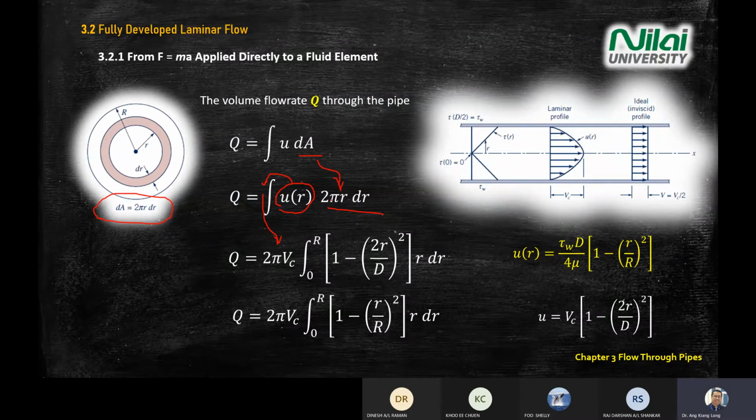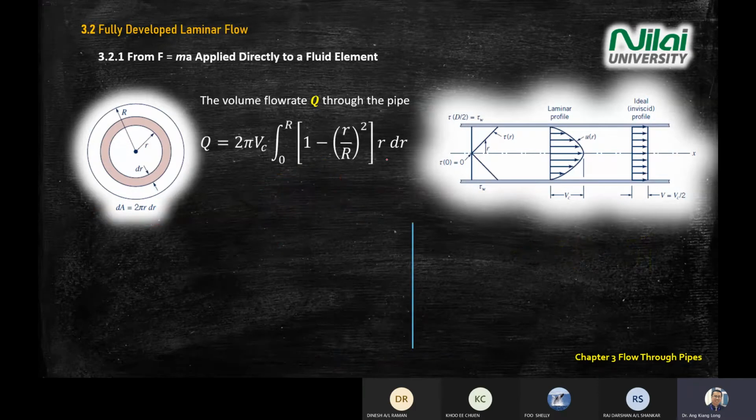You pull the 2 pi outside there, so you get 2 pi Vc times the integration of the ratio of your r. You get this equation. You can look at the development in the slides and come back to it later. Then after that, when you get this equation, you can write Q equal to 2 pi R square Vc divided by 2.